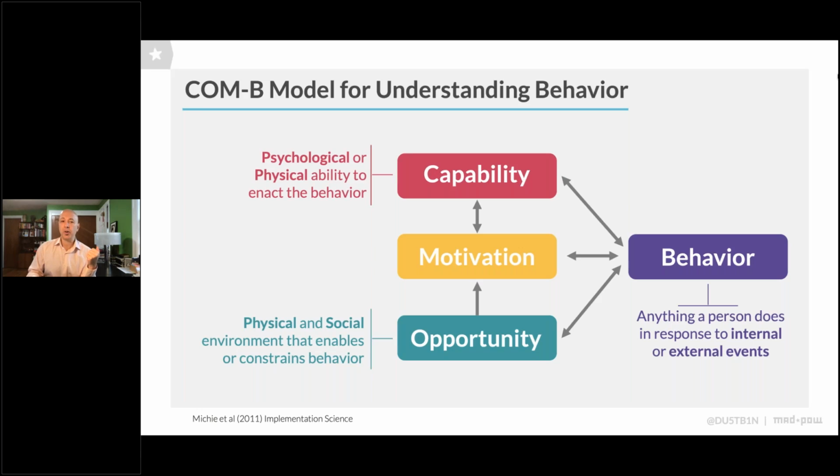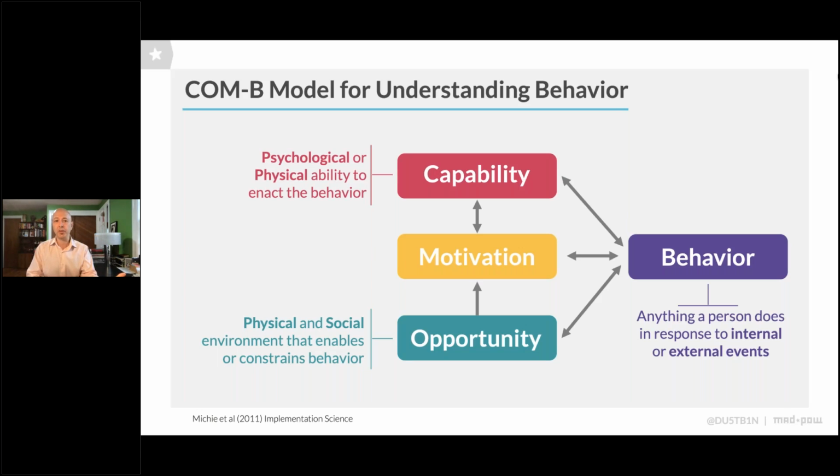Thinking about what our physical or social environment affords or constrains: do we have the right resources? Are we going with or against social norms in order to do a particular behavior? And again, behavior is anything we do in response to internal or external events.